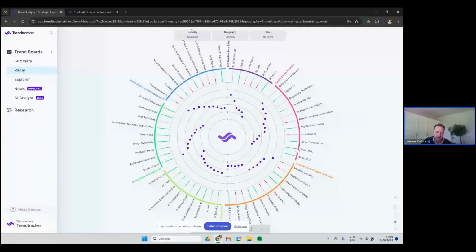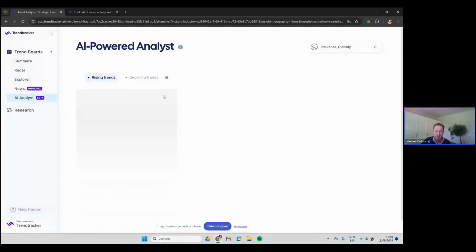This is really where the intelligence layer of our AI analyst kicks in, because what this does is it's actually now scanning your specific trend board. So all these AI trends on your trend board, it's looking within insurance, which ones of that board are considerably rising.